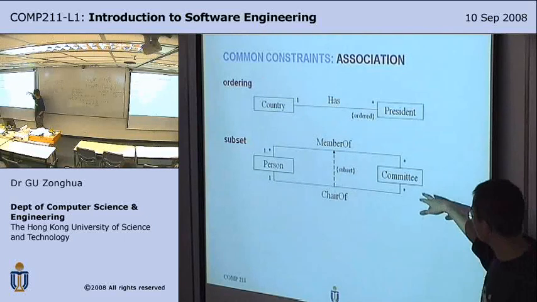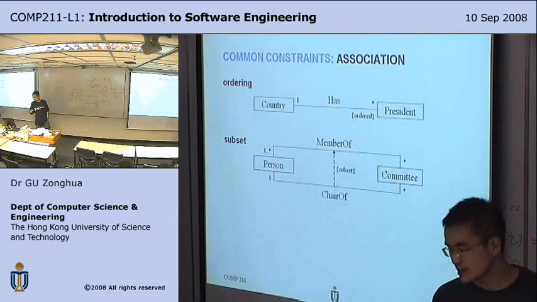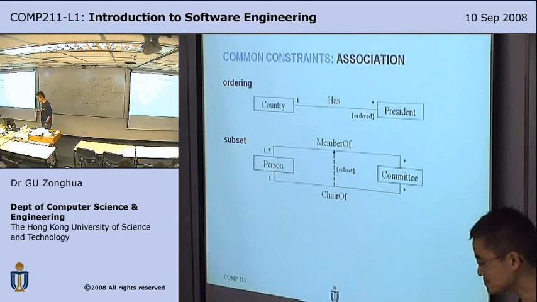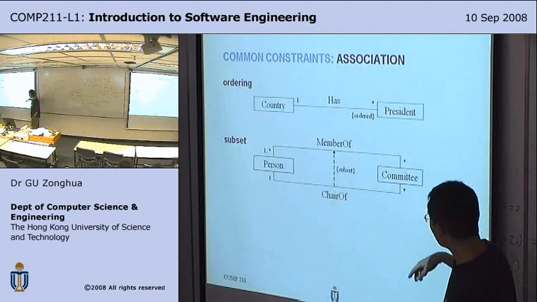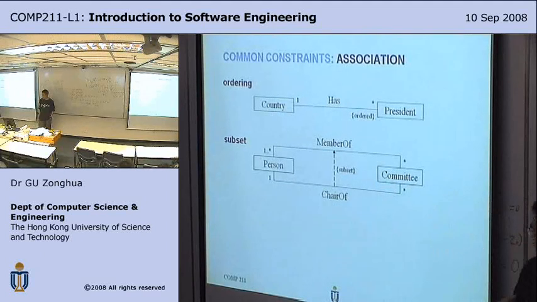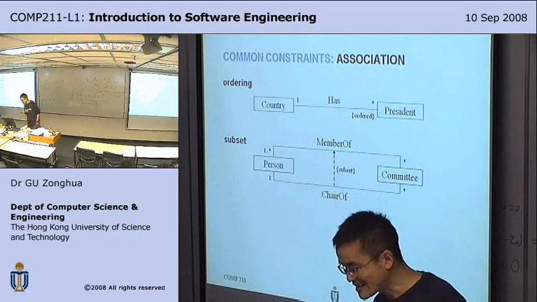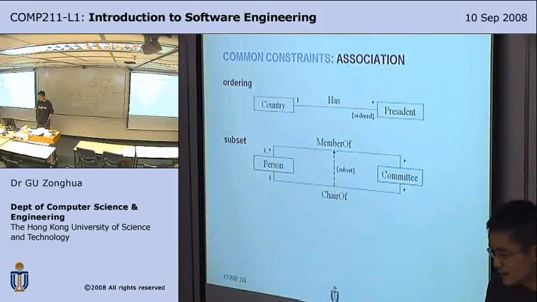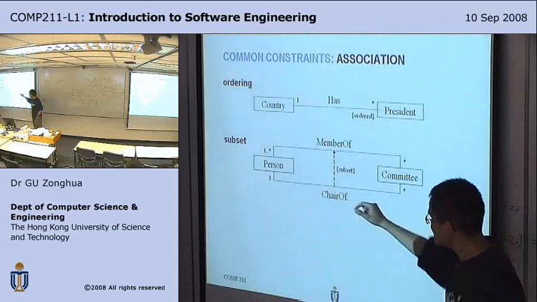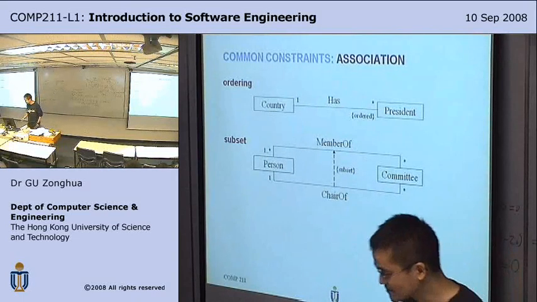Notice that you can have a star here, which means that a person can join no committees. Then you have 1..star over there, because a committee can have multiple persons as members, at least one person. And you have 1 over there, which means that a committee always has only one chairperson.